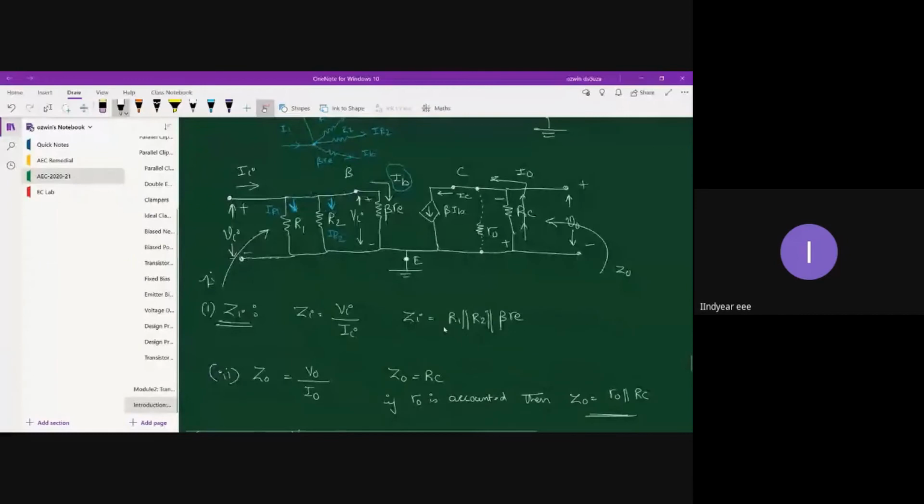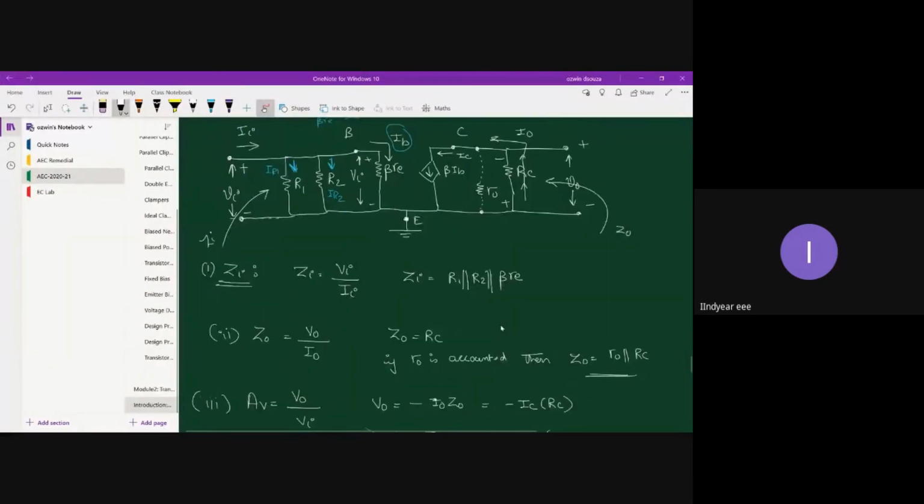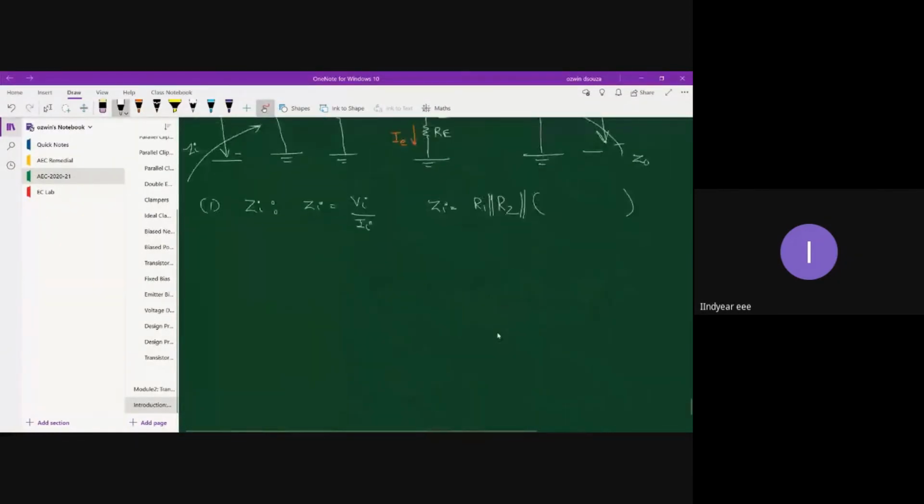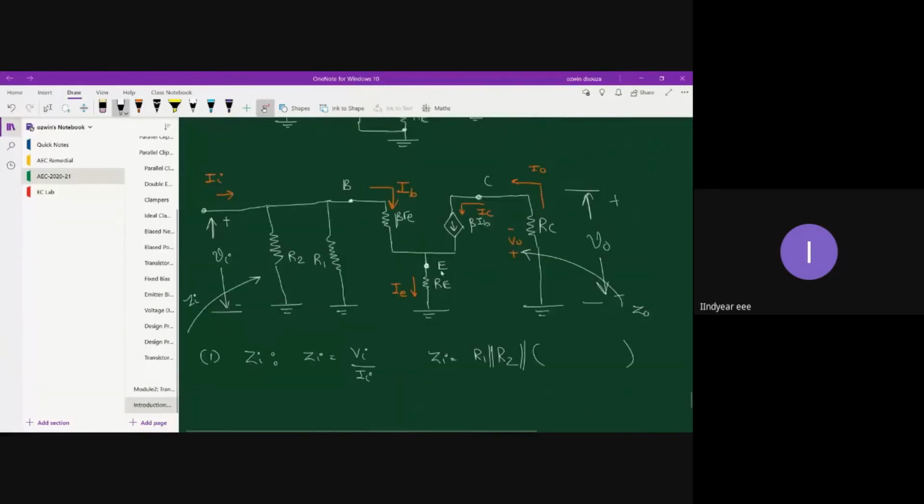Hence, directly you could write R1 parallel with R2 parallel with beta Re. But over here, the case is not similar because at emitter terminal, you have RE. So how will I write? On the input side, how are these 2 connected? Is it mimicking the series connection?